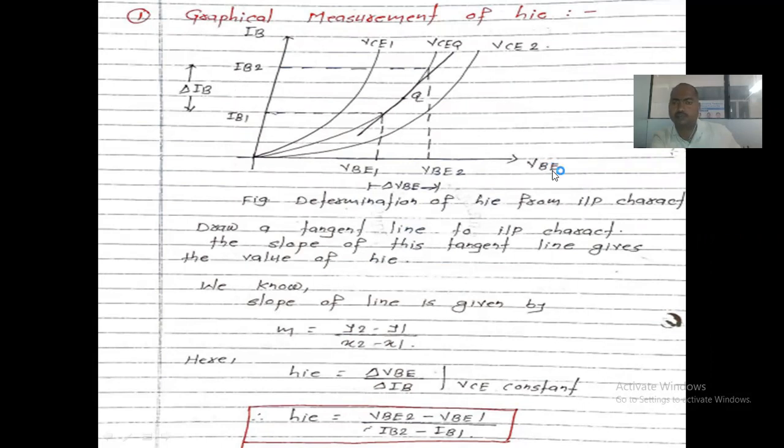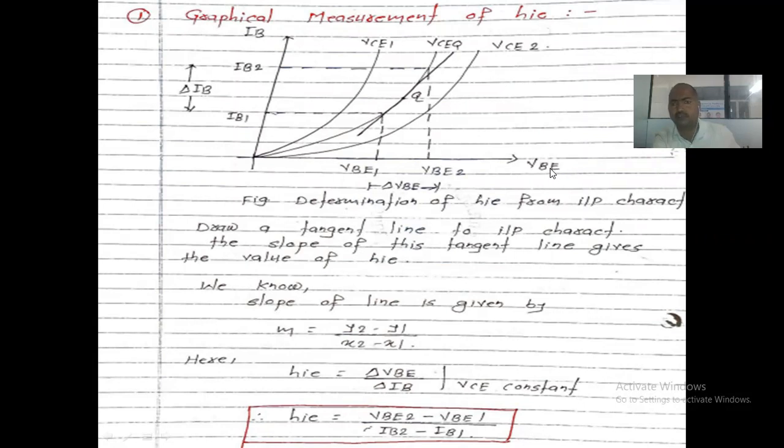Because HI indicates the input impedance. So the input impedance of the common emitter configuration is nothing but the ratio of the VB to the IB.